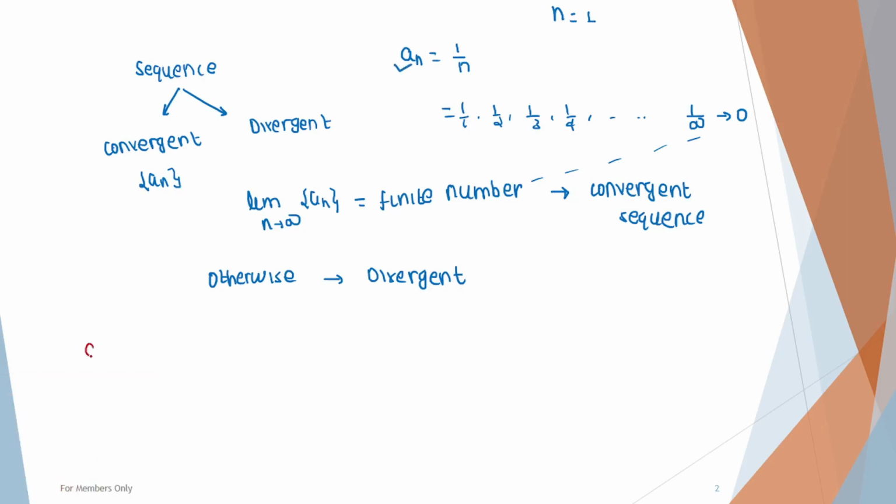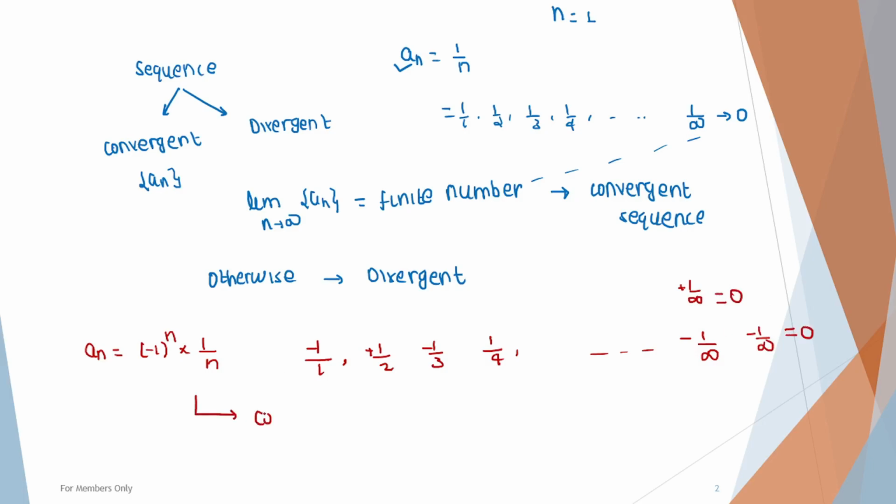Let us take another example: (-1) to the power n, 1 by n, so it will give -1 by 1, 1 by 2, -1 by 3, 1 by 4, and so on. Finally it will be either positive 1 by infinity or negative 1 by infinity, that will give 0. So this is also a convergent sequence.